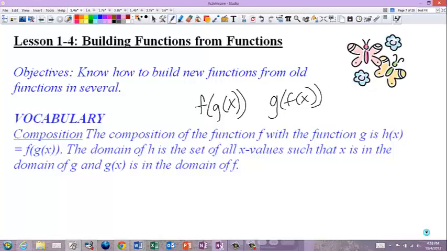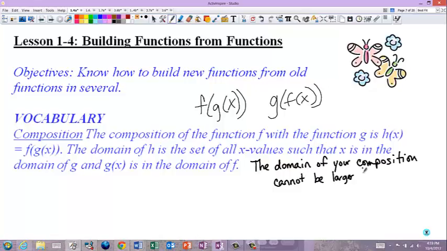Basically, in a nutshell, what that says is the domain of your composite function, of your composition, cannot be larger than the domain, and let's say the composition f of g of x, of either f or g.